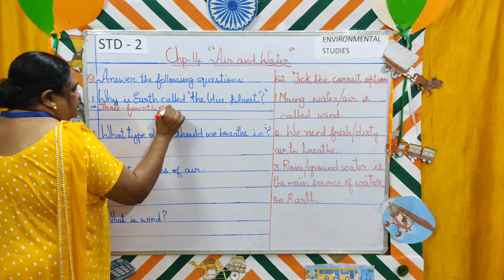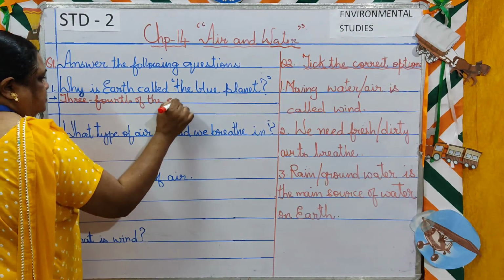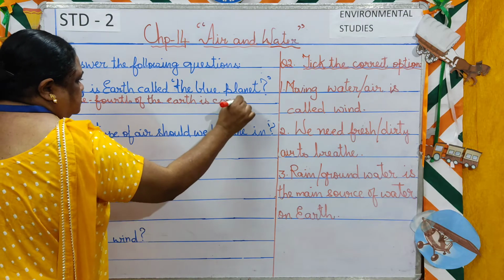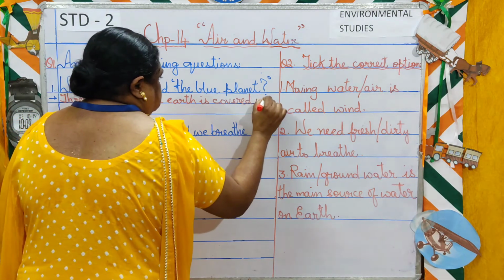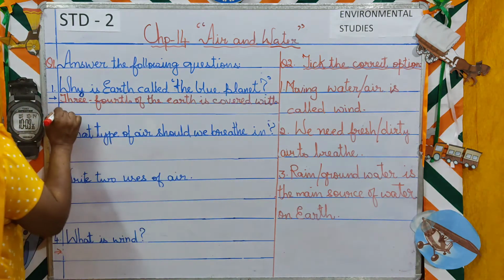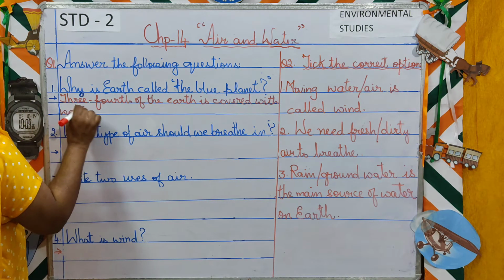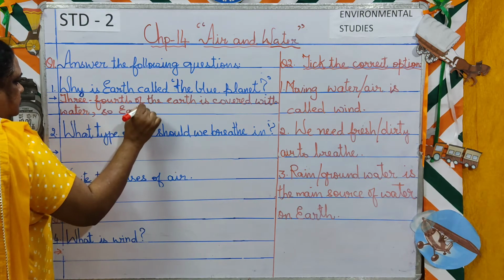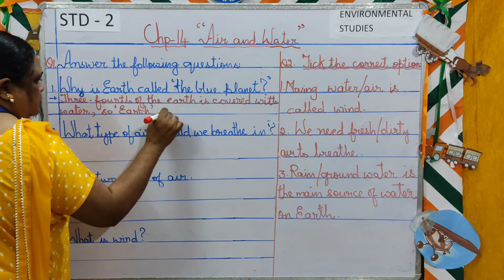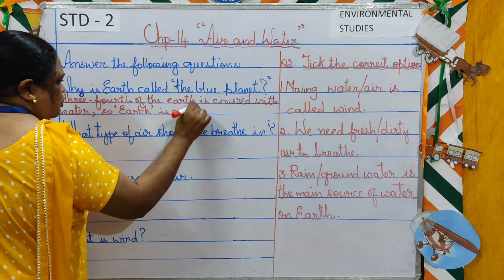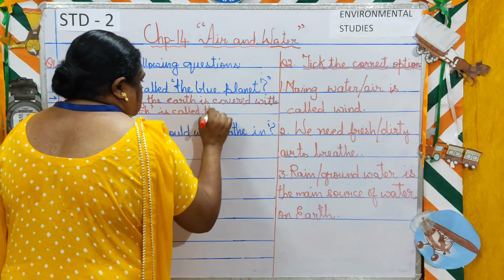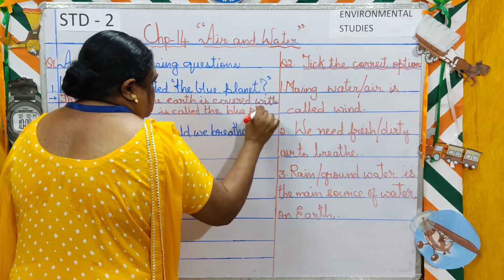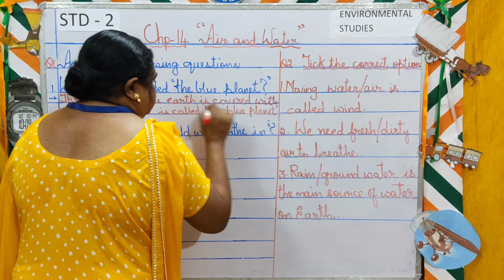Three-fourths of the Earth is covered with water, so Earth is called the blue planet.